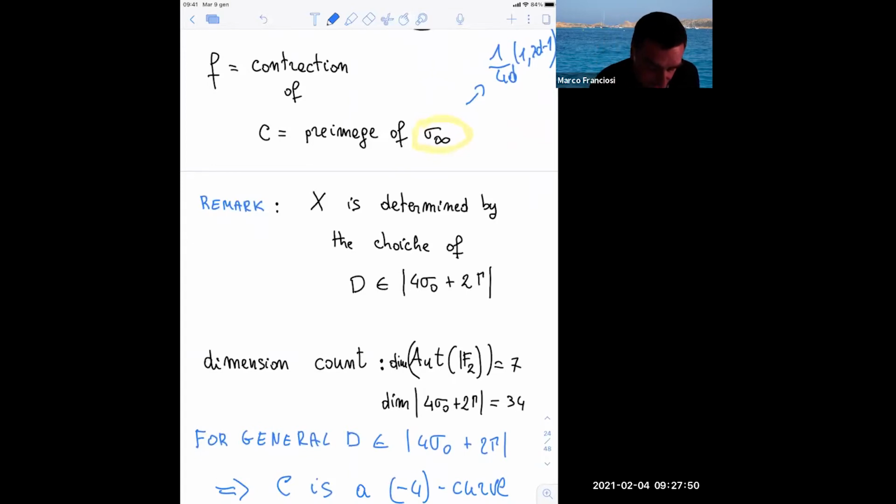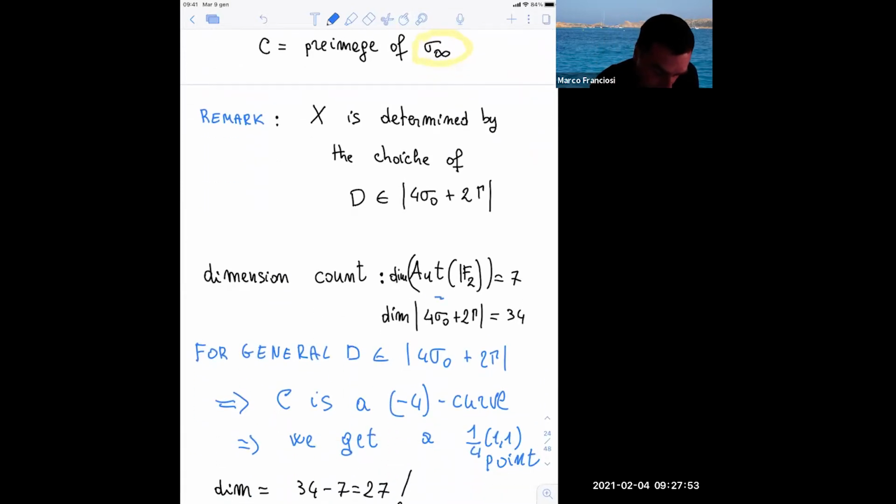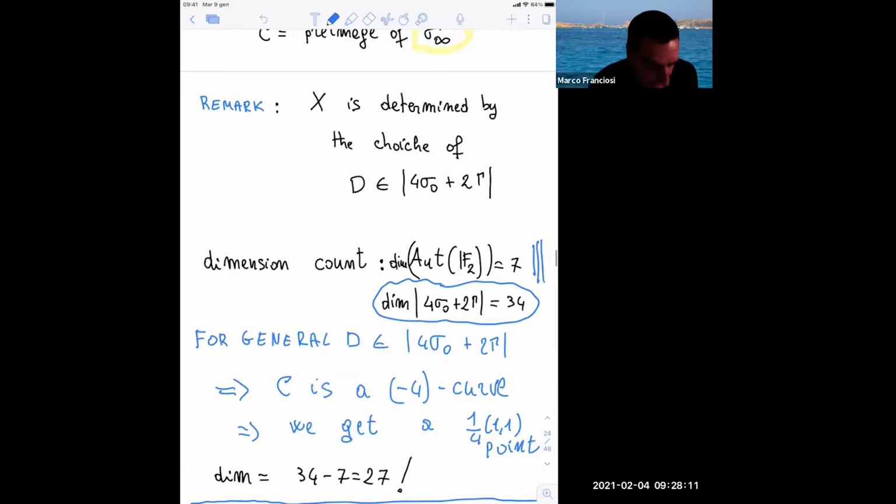We consider the dimension of our system, which is 34. And we also have to consider the possible automorphisms of F_2. What does it mean? If we take a general D inside this system, 4 sigma 0 plus 2 gamma, we get a minus 4 curve.